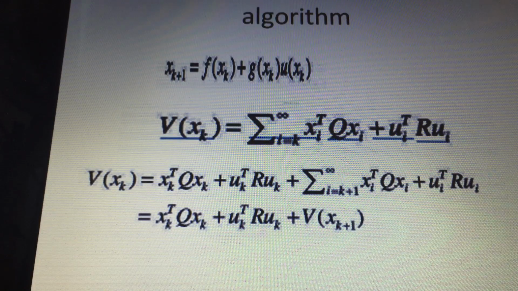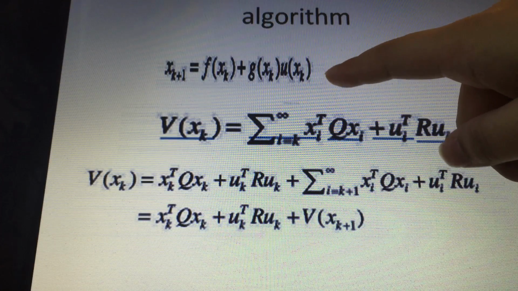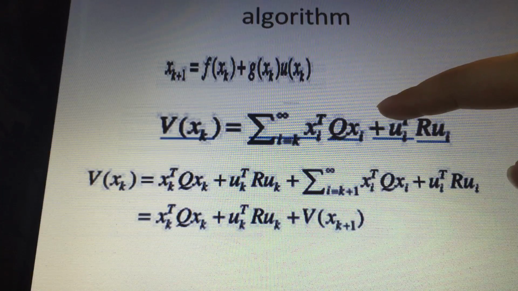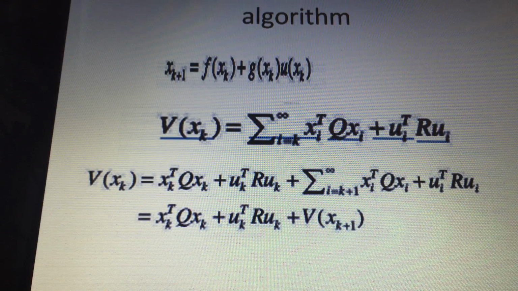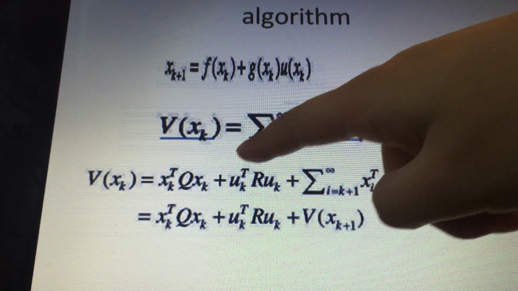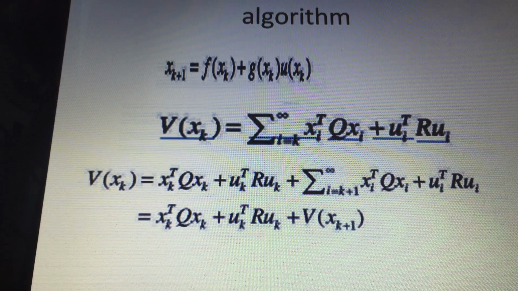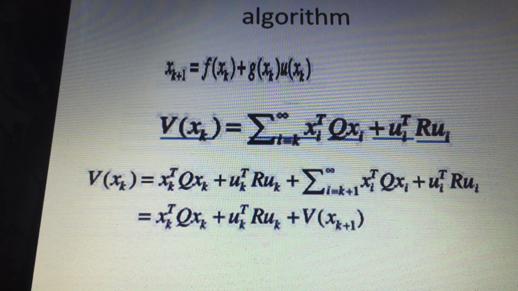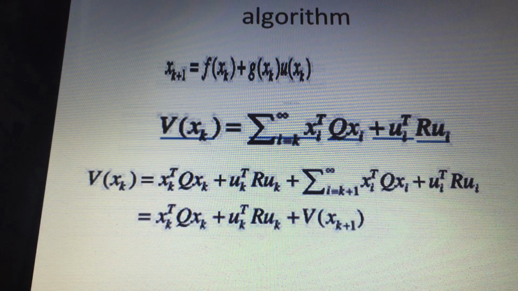Okay, the algorithm of the HDP is like this: if there is an input nonlinear dynamic system x is equal to f plus g times u, then we need to minimize the cost function of Vk to find the control policy of uk.